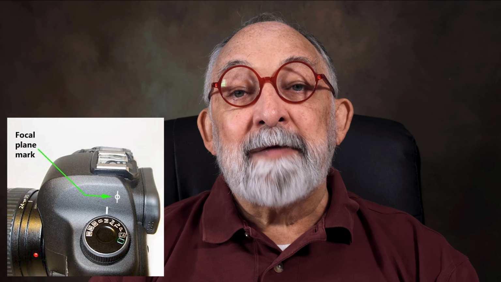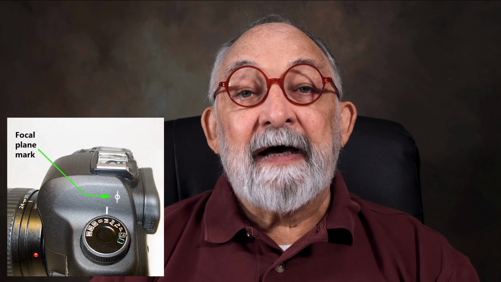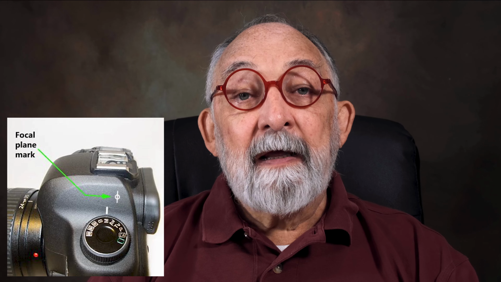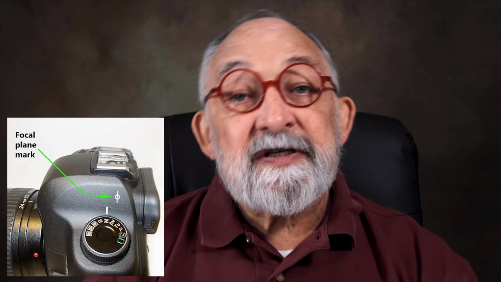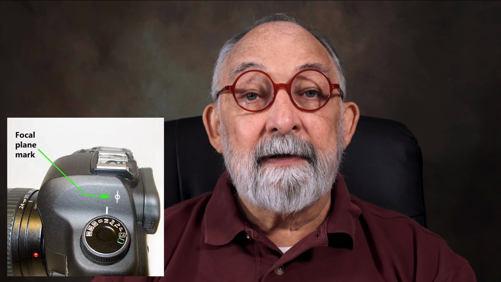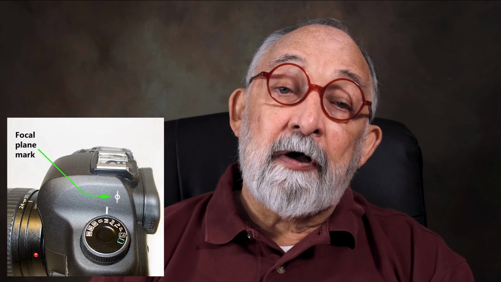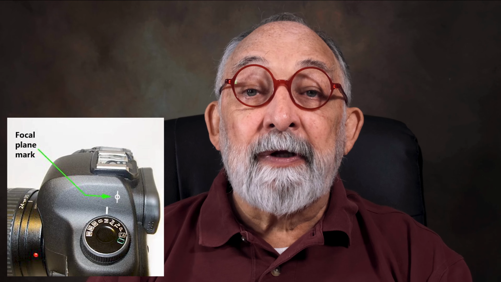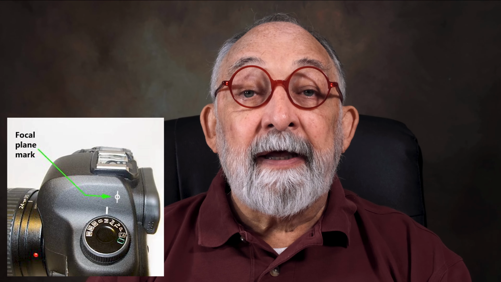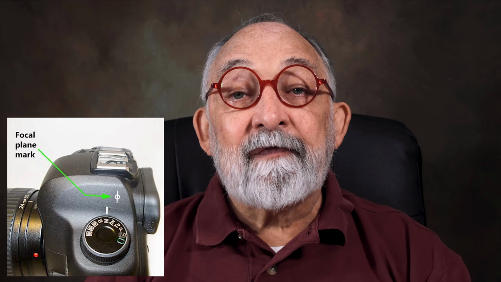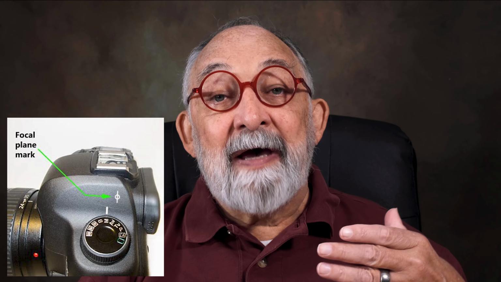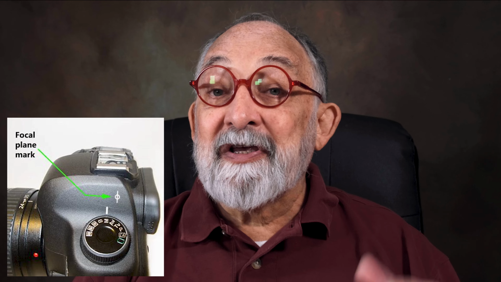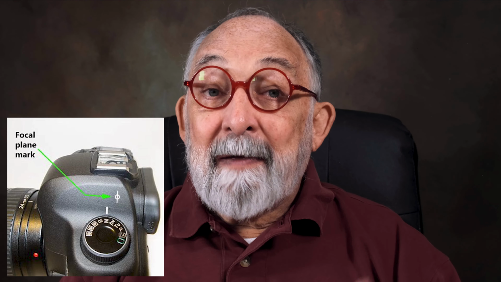The focal plane mark on the body on the outside of the camera identifies the location of the focal plane surface inside the camera. The focal plane is also called the image plane, or the sensor plane, or the film plane. This will often put the subject matter much closer than you thought, and this really adds power.